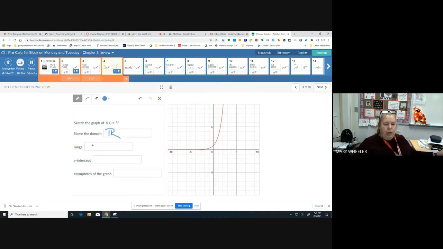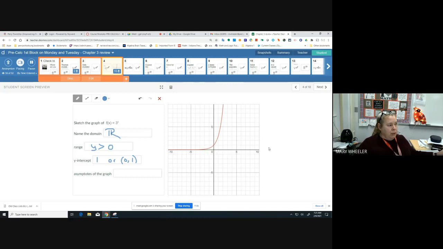So my range is greater than 0. Don't put an equal sign with it. It'll be wrong. The y-intercept is 1, or you can give it as an ordered pair. And the asymptote, I can't write on that graph.